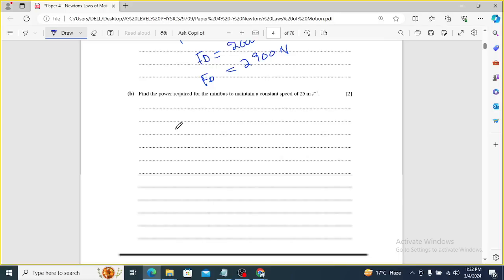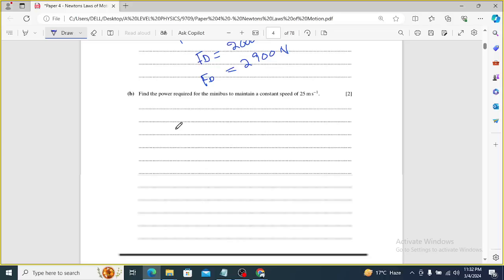Part B of the question: find the power required at a constant speed. Whenever you see the word constant, you can write at constant speed RF is always equal to 0.